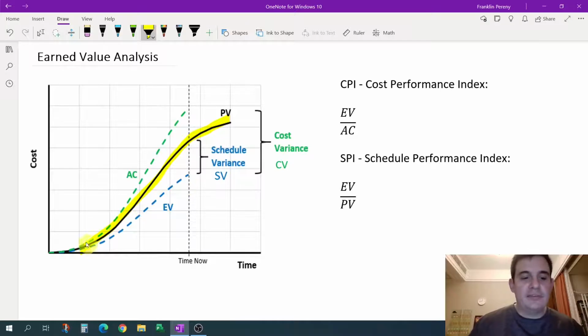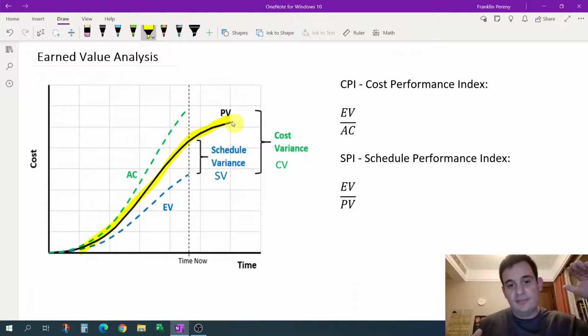So at the beginning of a project, you have estimated that this project will take a certain amount of time, a certain amount of money to complete. And of course, complete means 10 miles of road or 100% complete. So you've estimated that to get to your 100% completion, it's going to take this amount of time.